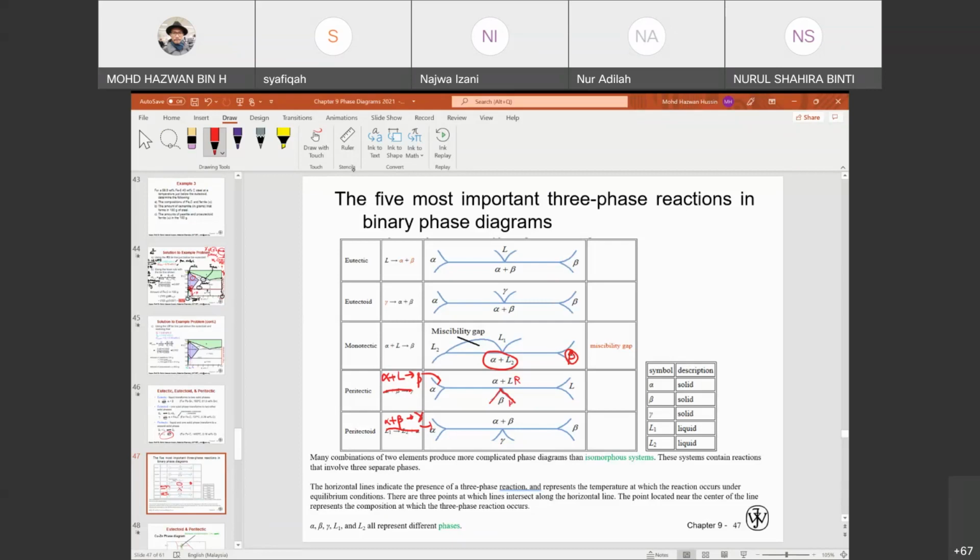And there's also the peritectoid reaction, where you have two solids. When it solidifies, it forms one solid. So this horizontal line, and you see the phase boundaries located at the bottom. So this is still your reactant, and this will be your product.